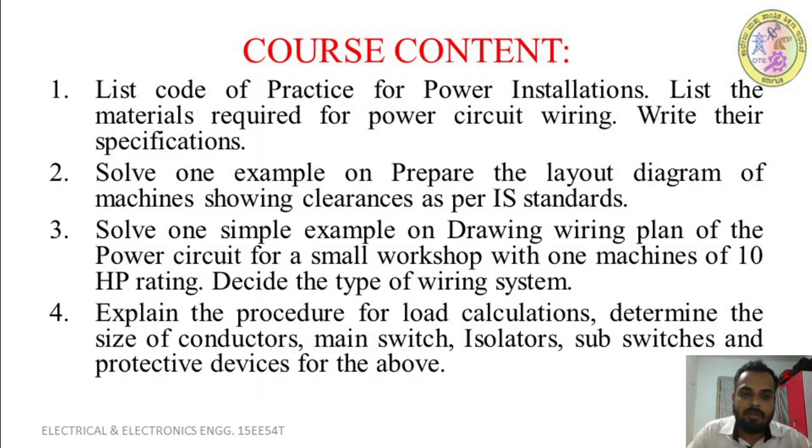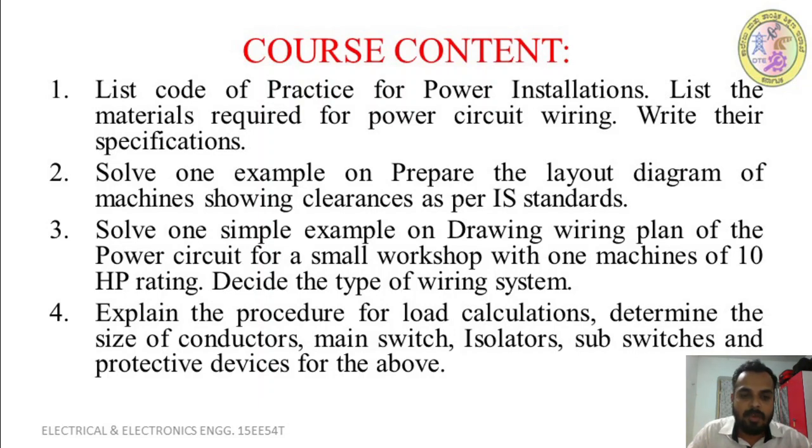First, list the code of practice for power installations, and list the materials required for power circuit wiring and write their specifications. Second, solve one example and prepare the layout diagram of machines showing clearance as per IS standards.